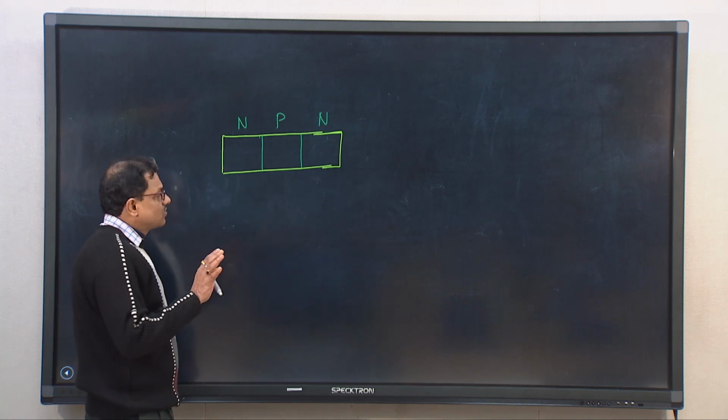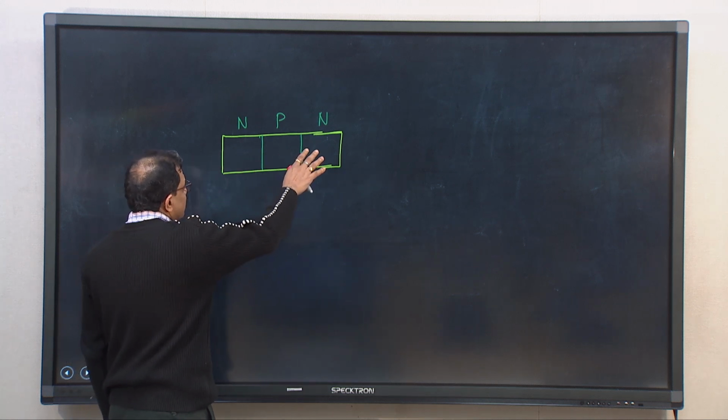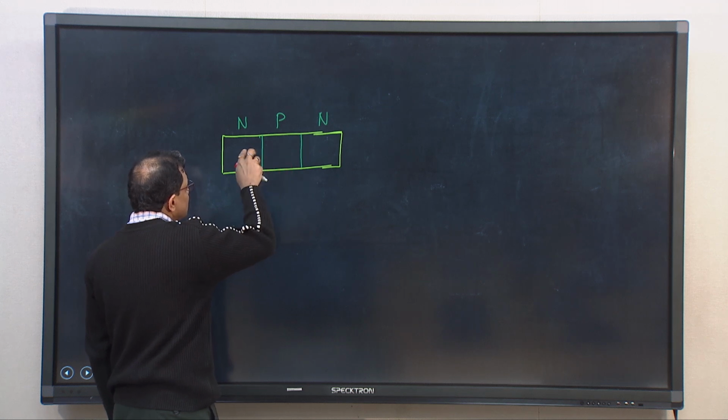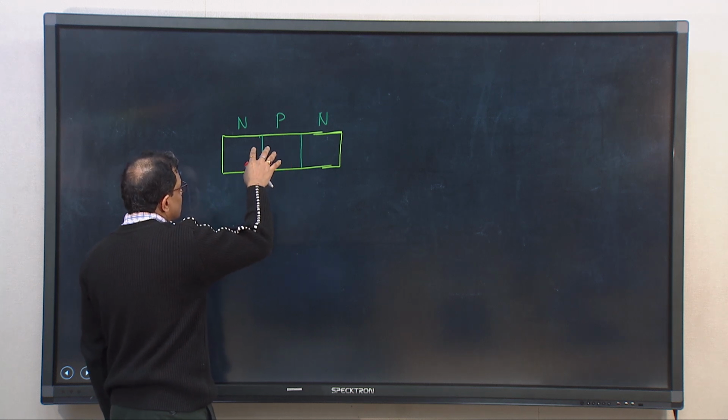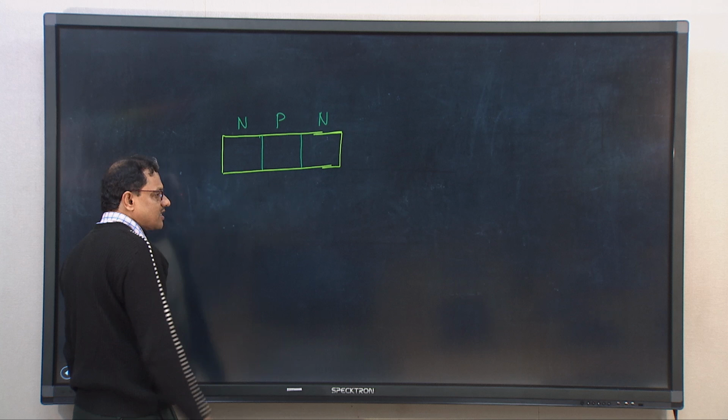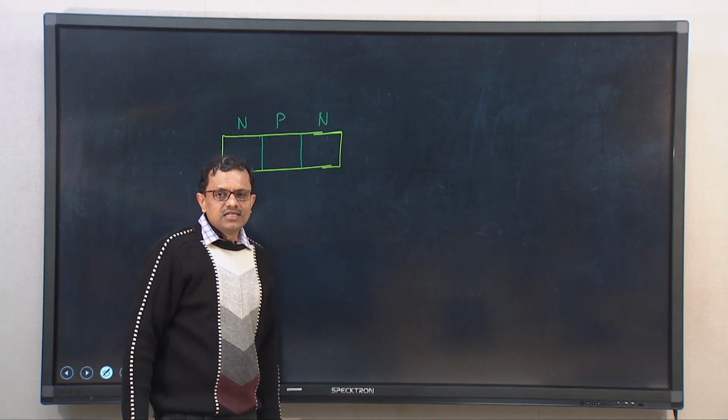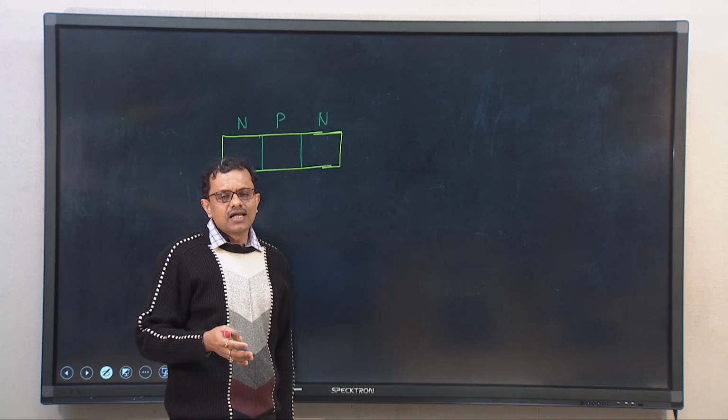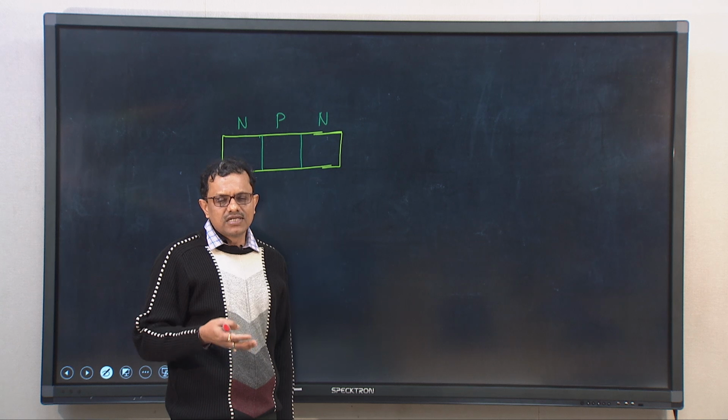So, what you have understood is that n type, p type or n type is basically doped. So, holes are dominating and electrons are dominating. If these two are there, then migration of electrons and holes will be there, and this migration will continue until an equilibrium state is achieved.